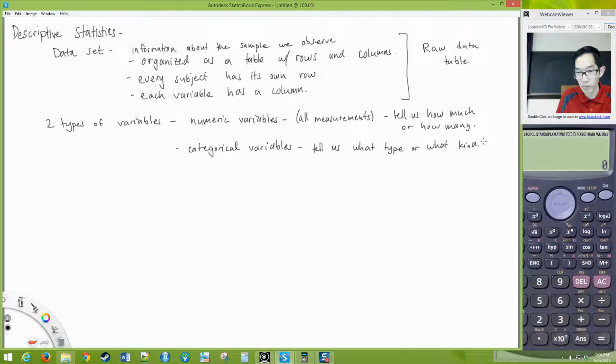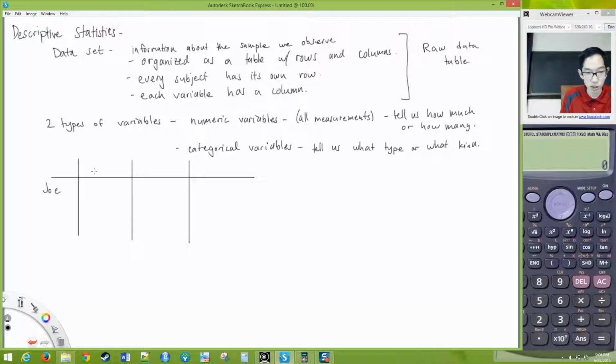Okay, so just imagine we collected data on people, and we could say, you know, Joe is male, his weight is 152, and his height is 70 inches tall.